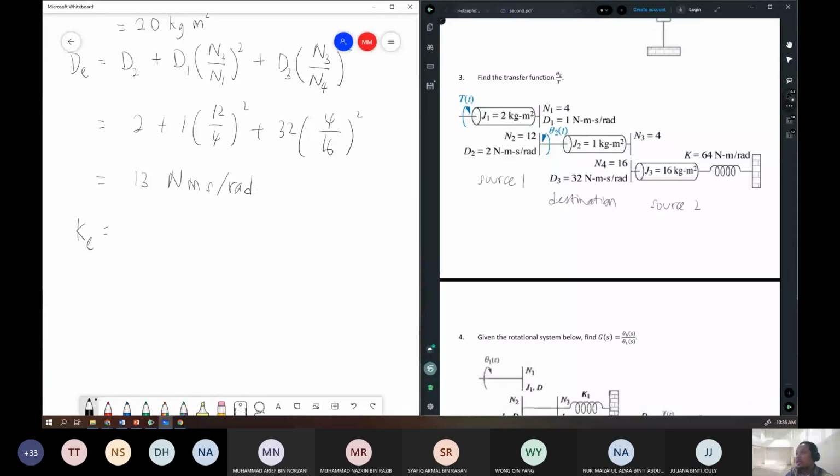In the middle shaft there is no spring, similar to the first shaft. We only have spring on the third shaft, so we only transfer K from the third shaft. So we have K times N3 over N4, so we get 64 times 4 over 16 squared.